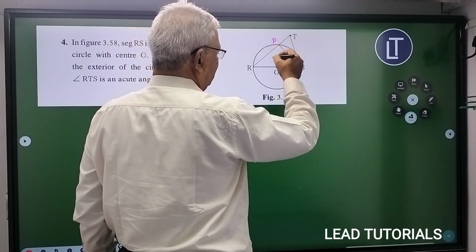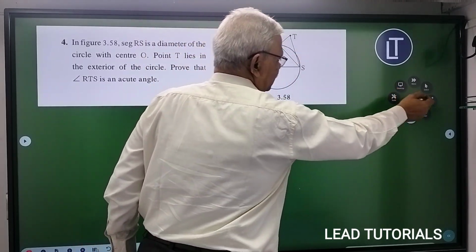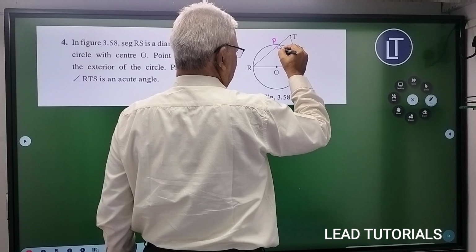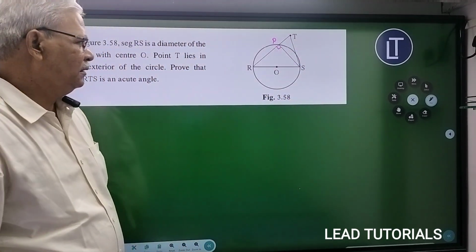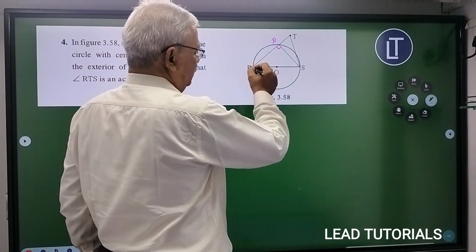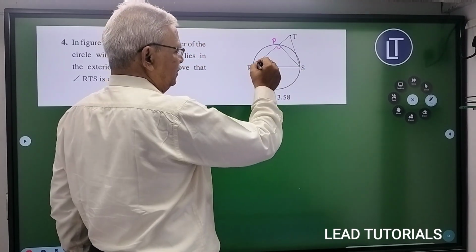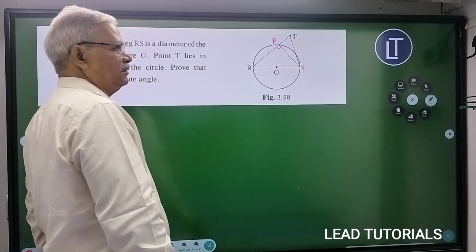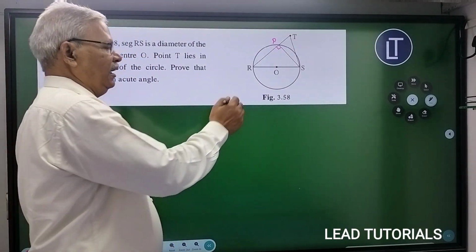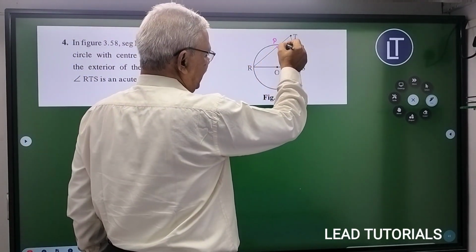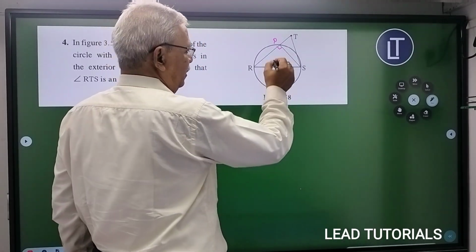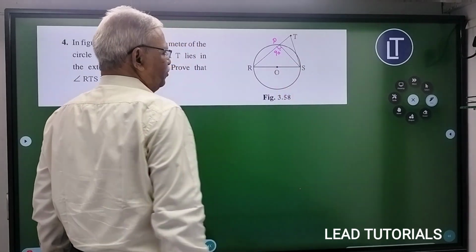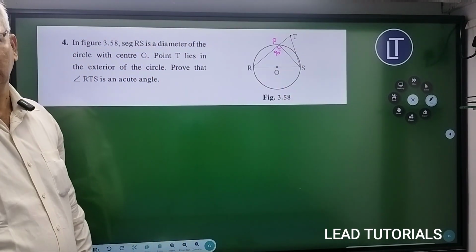Now see, this will be the right angle. Why? Because RS is the diameter, therefore this part RPS is a semicircle, and the angle inscribed in a semicircle will be 90. It must be equal to 90.